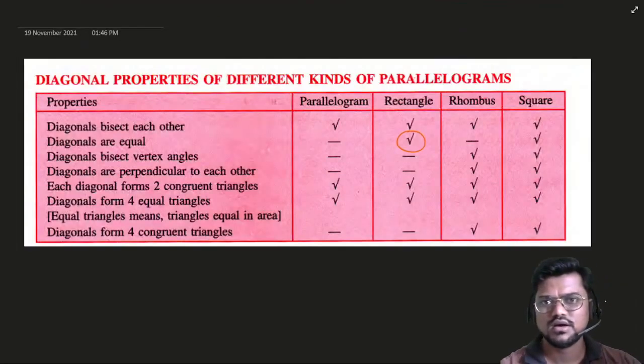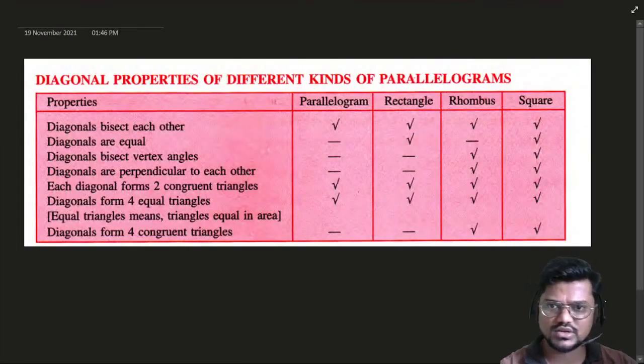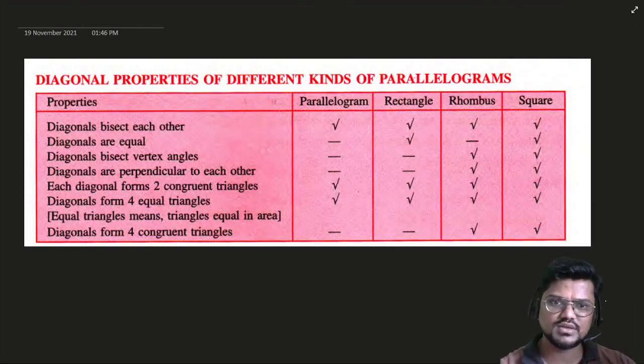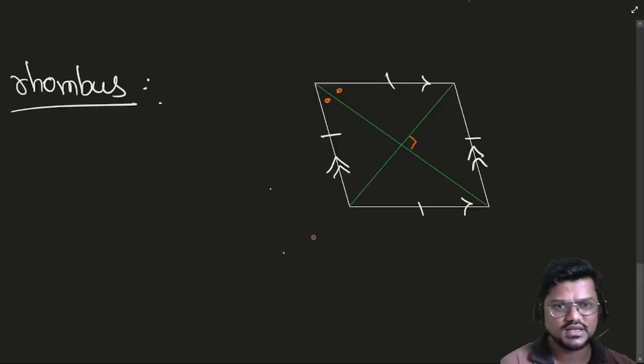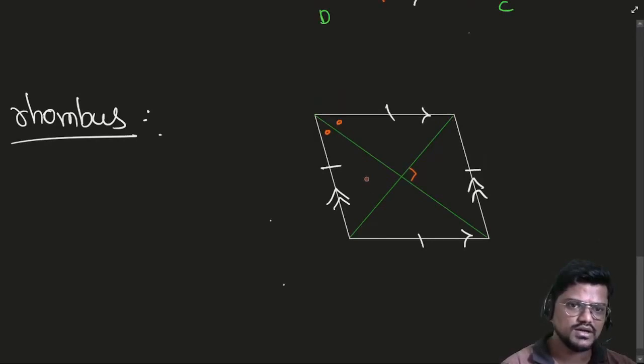After that, they have also given diagonals are perpendicular to each other. The diagonals are perpendicular to each other only in rhombus and square. Also, each diagonal forms two congruent triangles. Yes, two congruent triangles form in all of them. That means if you draw diagonals over here, this triangle will be congruent to this triangle.